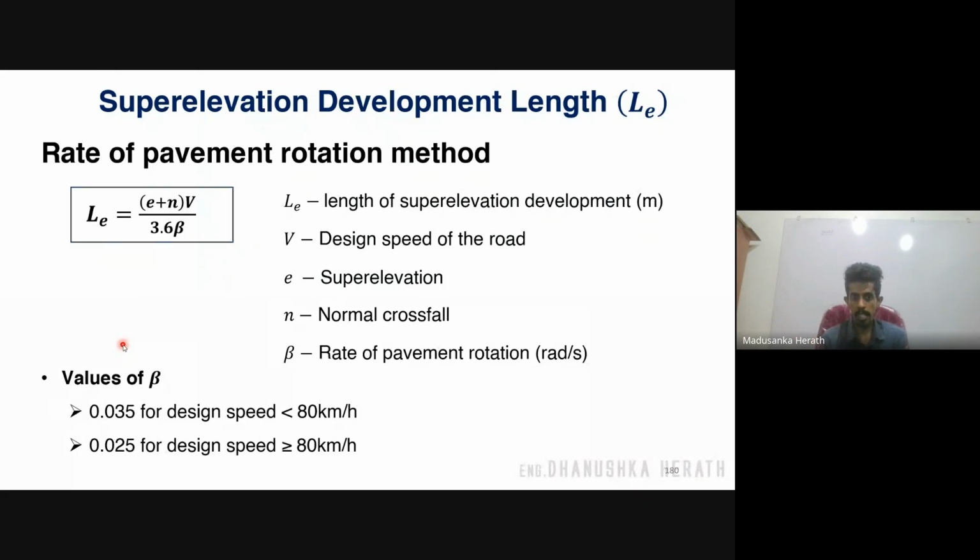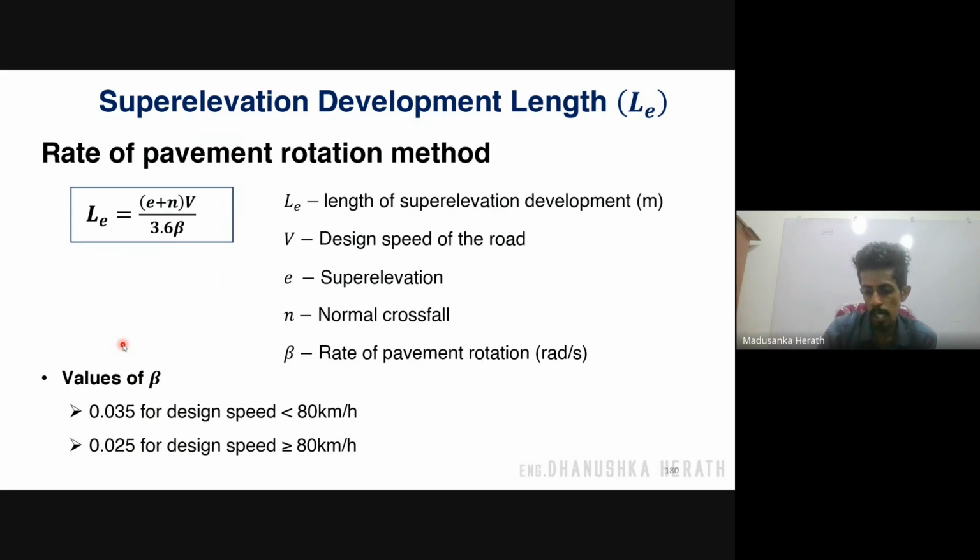And all the other terms are the same, and beta is the rate of pavement rotation. If the design speed is less than 80 kilometers per hour, beta value is 0.035, and if the design speed is greater than 80 kilometers per hour, beta value is 0.025.